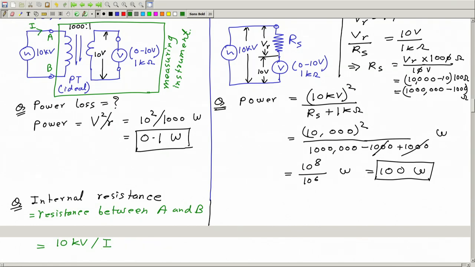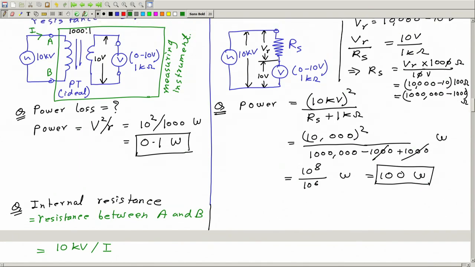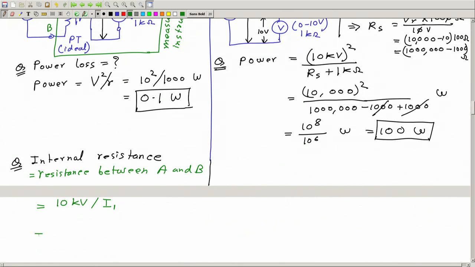Now how much will this current I be? For that, let's call it I1, and let's call this current I2. How much is I2? I2 is 10 volt divided by 1 kilo ohm. So this is 10 milliampere.